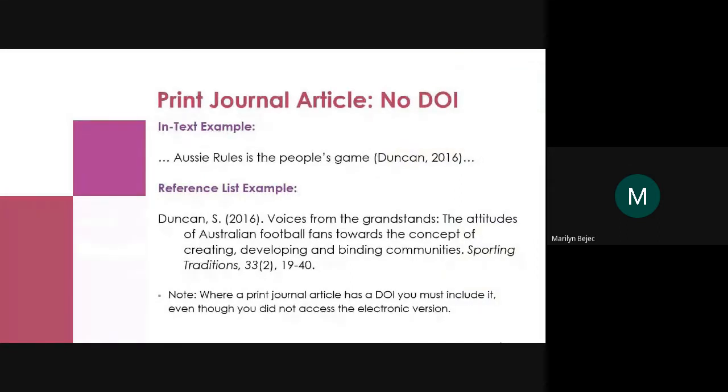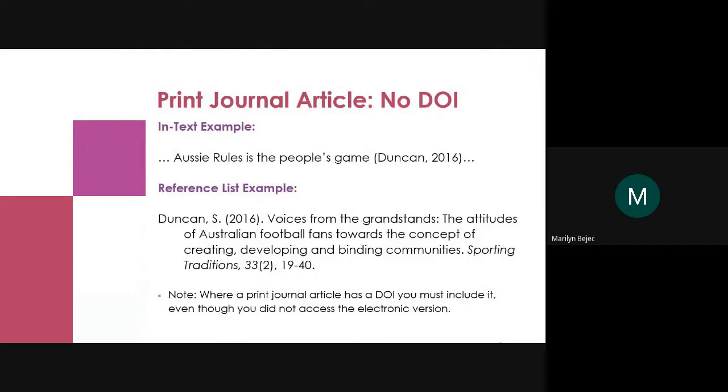For a print journal article with no DOI, in text, you have to cite the direct quotation, and then the author separated by a comma from the year of publication, enclosed in open and closed parentheses. In the reference list, same, you have to write the author, and then the year of publication, and then the title of the article, and then the title of the journal in italic.